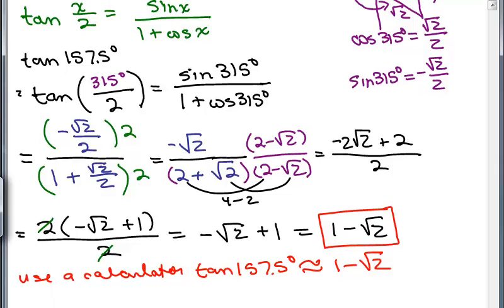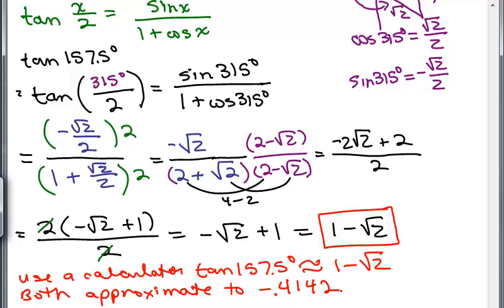And it is, both approximate to, let's say, negative 0.4142 if you went out to 4 decimal places. It depends how many decimal places you want to go out to. So this is how you can sort of verify that you did end up getting pretty much the correct solution. So this is the exact solution.